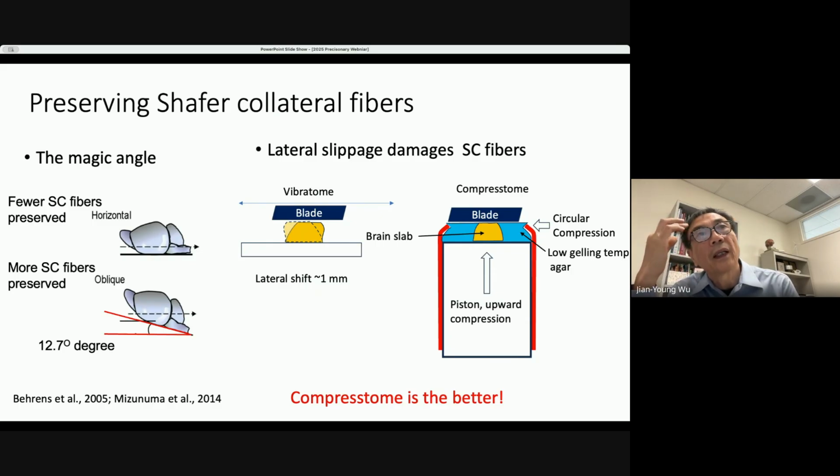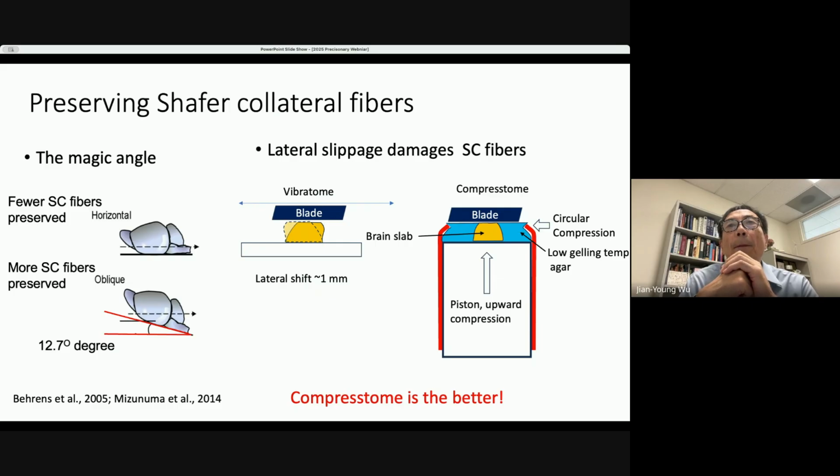Those movements are pretty bad, because they will pull or break those long fibers. The Precisionary compresstome is actually a genius invention. It holds the tissue, with a piston giving an upward compression and the collars giving a circular compression, so that the brain tissue no longer moves with the blade.